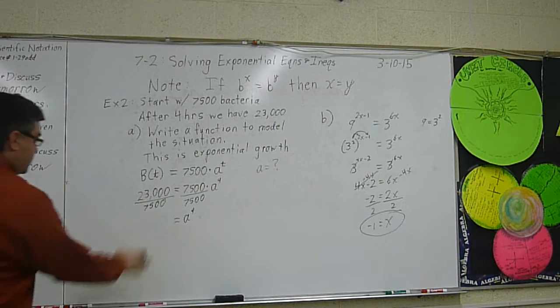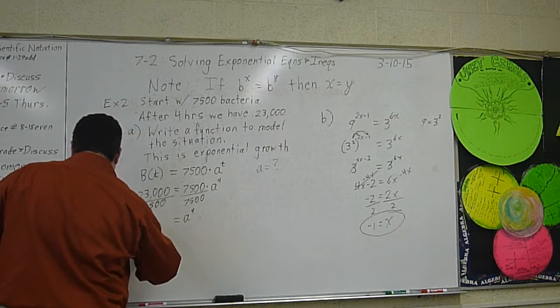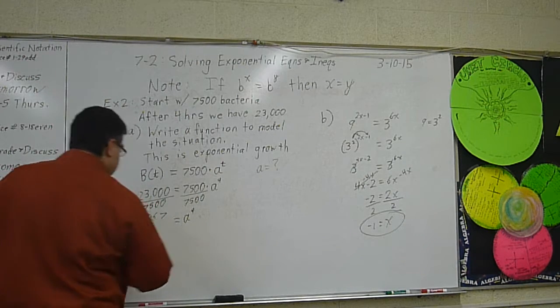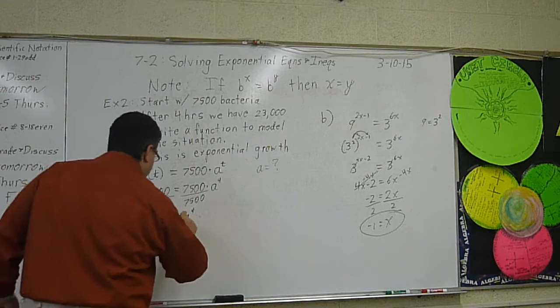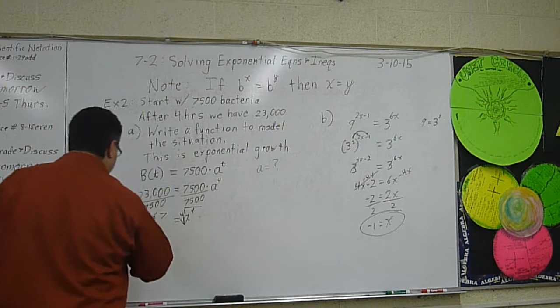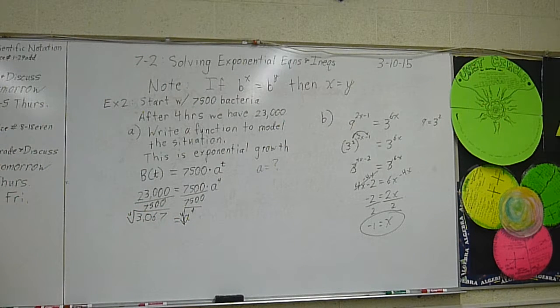If you put this into a calculator, you get somewhere around 3.067. And then you have to get A by itself instead of A to the 4th, so you take the 4th root of A and the 4th root of the other side. We don't have to worry about plus or minus because we know we want a positive number. We know that we want growth.